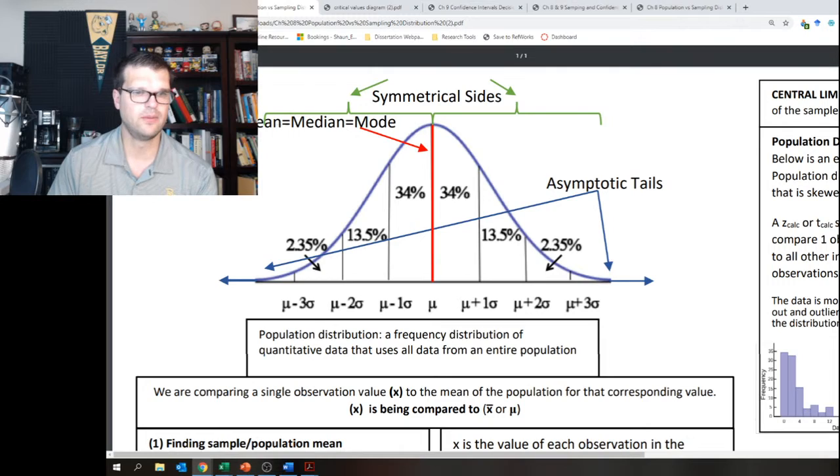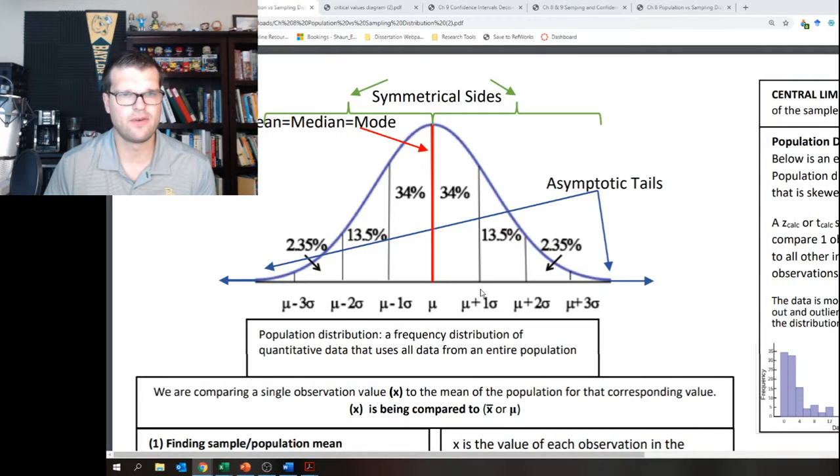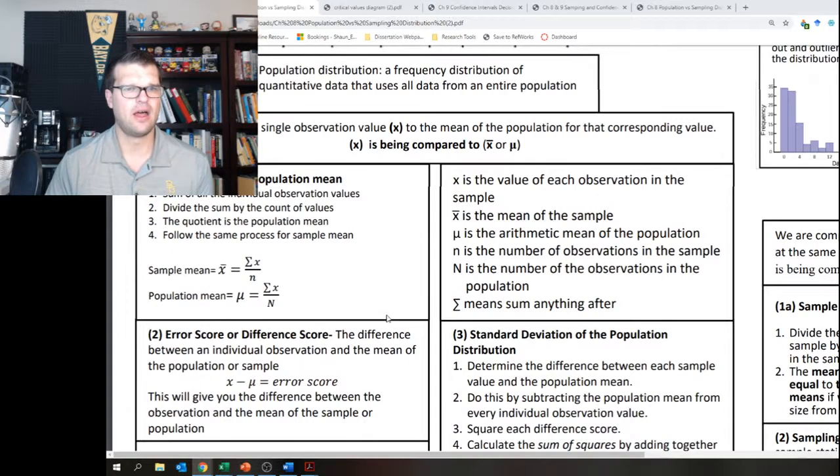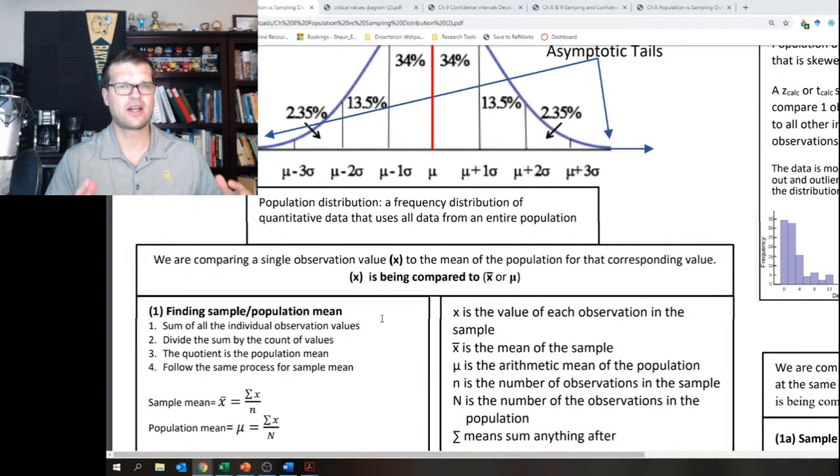So it's a little bit different now, because we are no longer dealing with individual observations. We are dealing with groups, and there's a lot of differences. When you are dealing with groups, a lot of things happen.